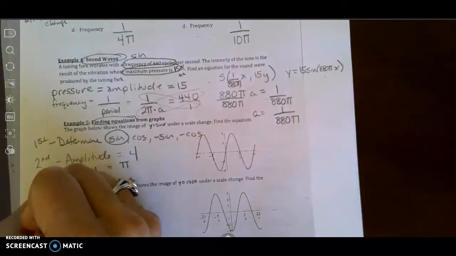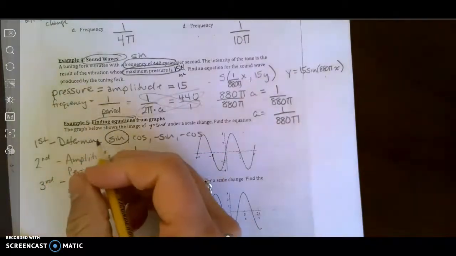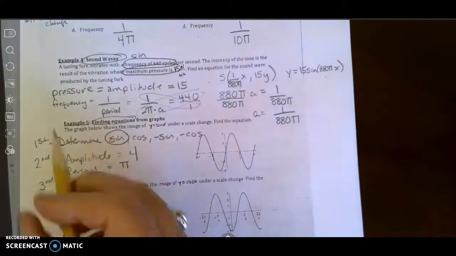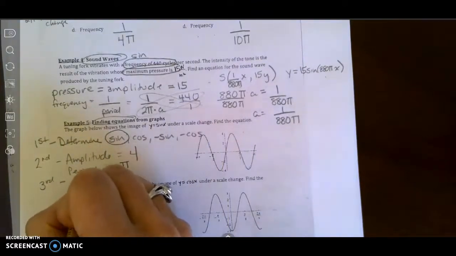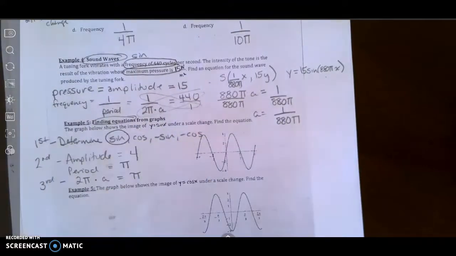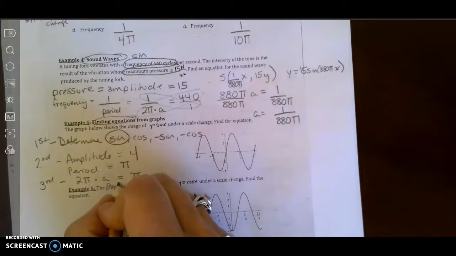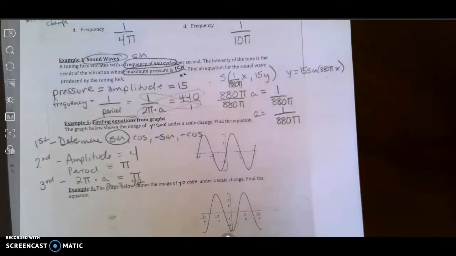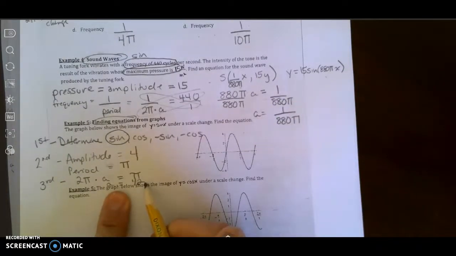My third step is to find the a value. So I know that 2 pi times a is equal to pi. So a must have been 1/2. And remember that x lies in the equation.